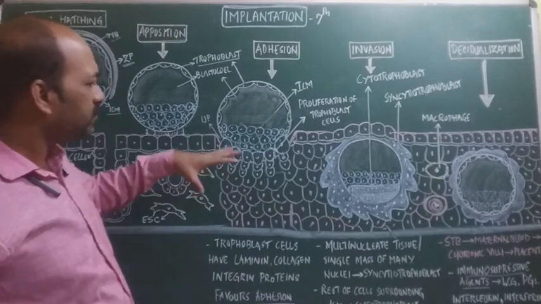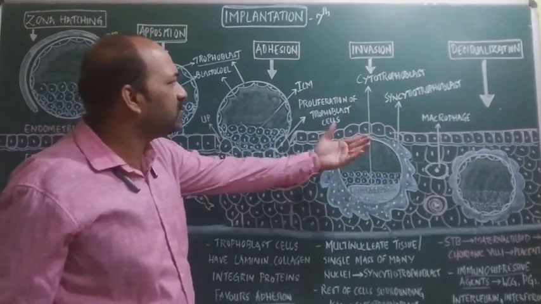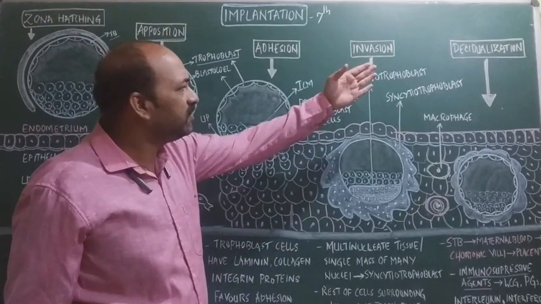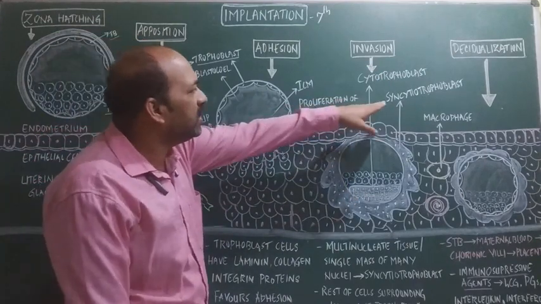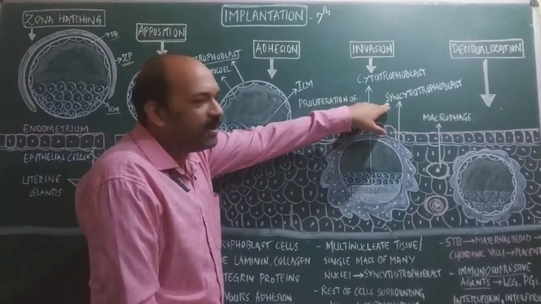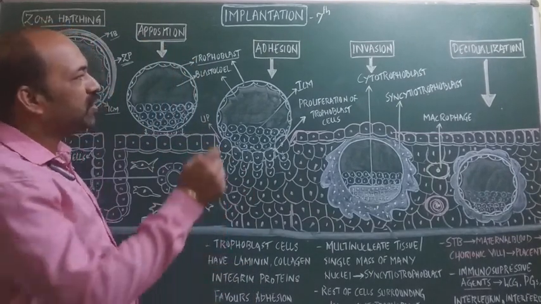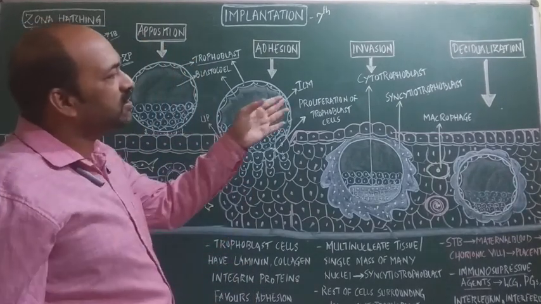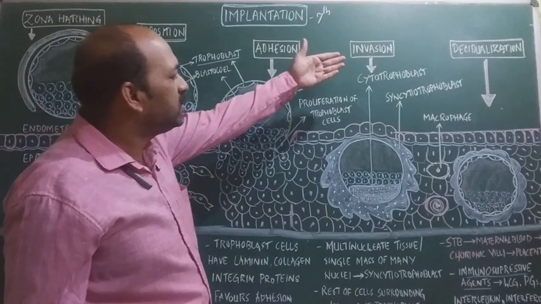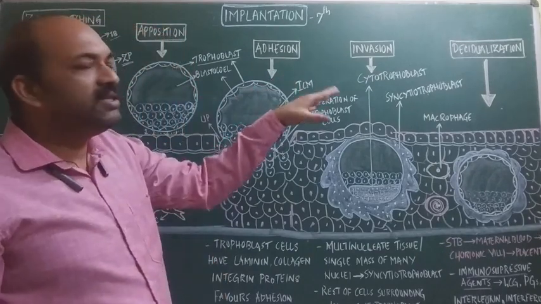and they give rise to two different types of trophoblast, where one is called syncytiotrophoblast and the other is called cytotrophoblast. So what is the difference between the syncytiotrophoblast and cytotrophoblast?